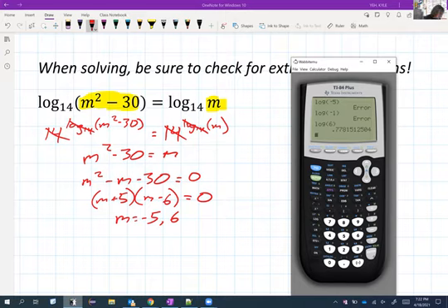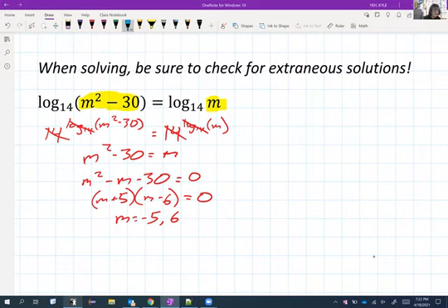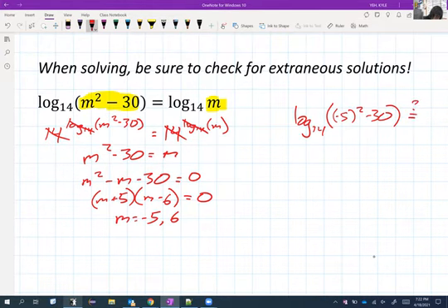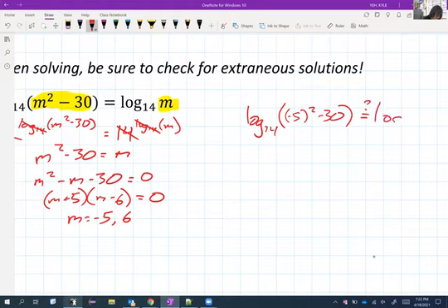So as you're going through, whenever you get an answer when you're solving these logarithmic equations, you want to stop and plug it back in and say, does it work? So if I plug in negative 5, log base 14 of negative 5 squared minus 30, does it equal log base 14 of negative 5?